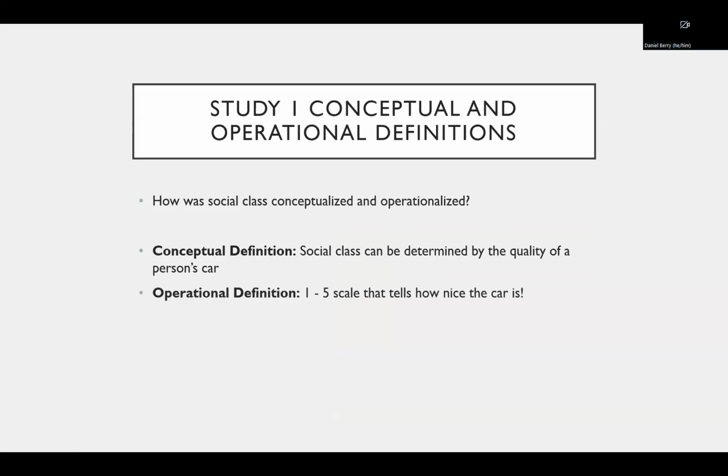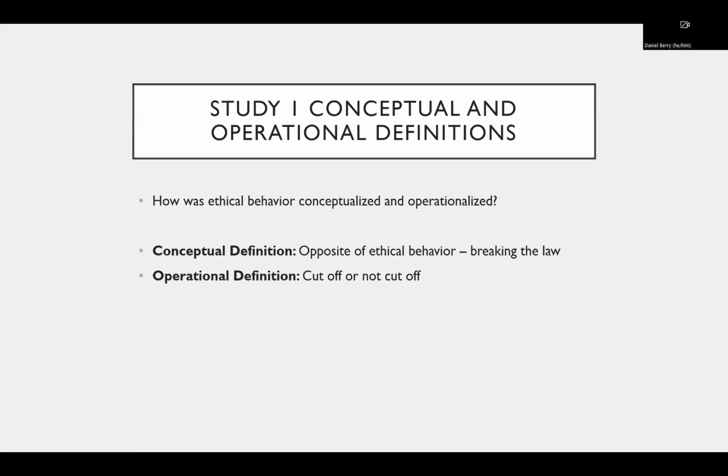So again, social class was conceptualized as the quality of a person's car, and it was operationalized on a 1 through 5 scale. This is how people's scores were actually coded. Ethical behavior was really the opposite of it. It was breaking the law. You're not allowed to cut people off at an intersection, and it was operationalized as either cutting people off or not cutting people off.